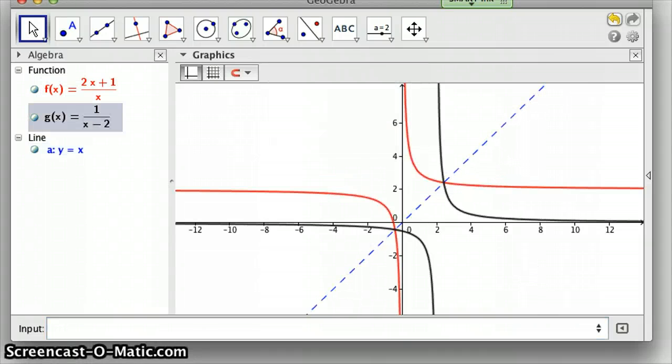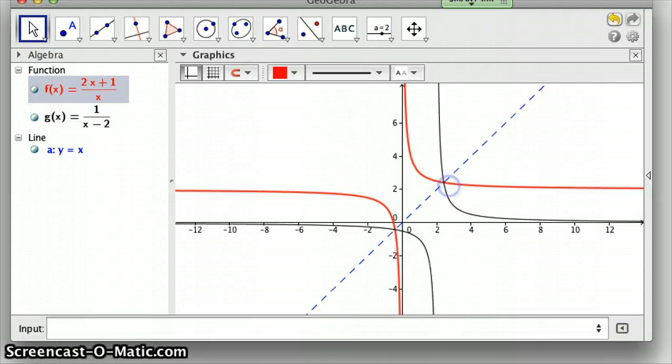And there it is. You can see very quickly that the intersection is in the y equals x realm there. Whoops, I moved it, didn't mean to. Put it back.